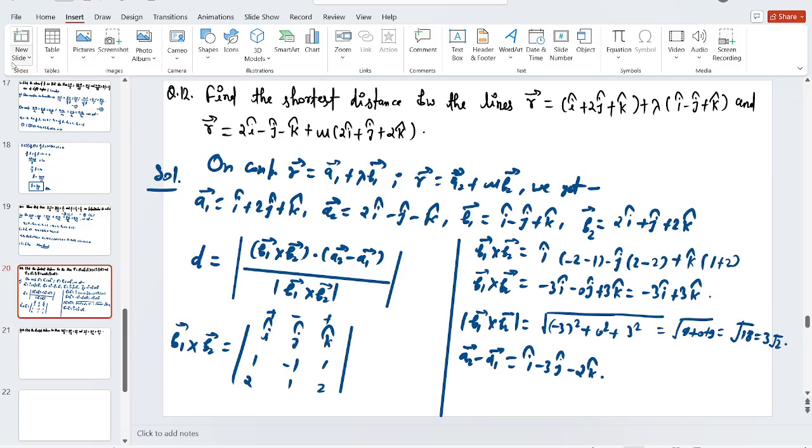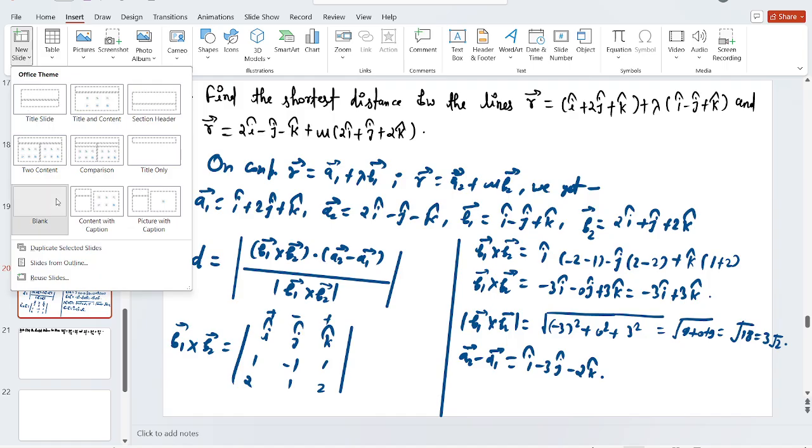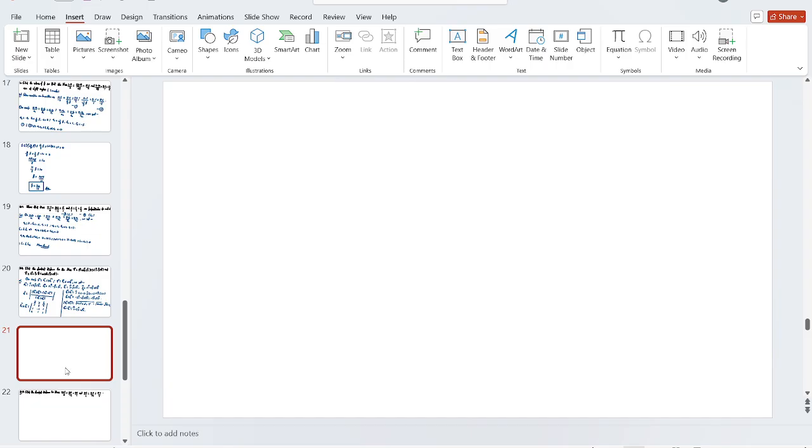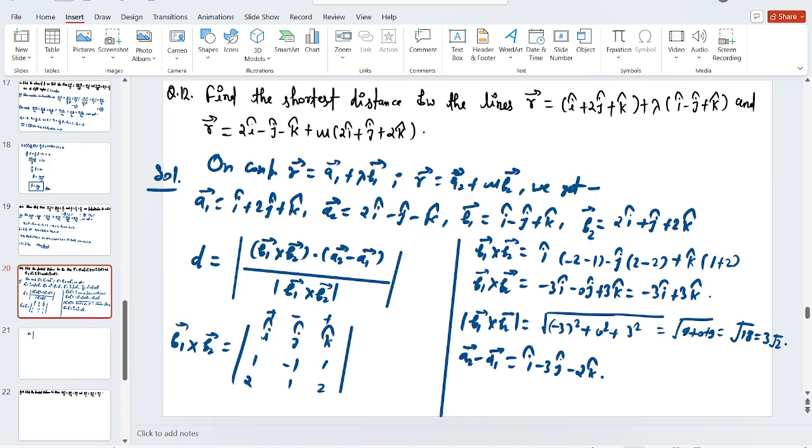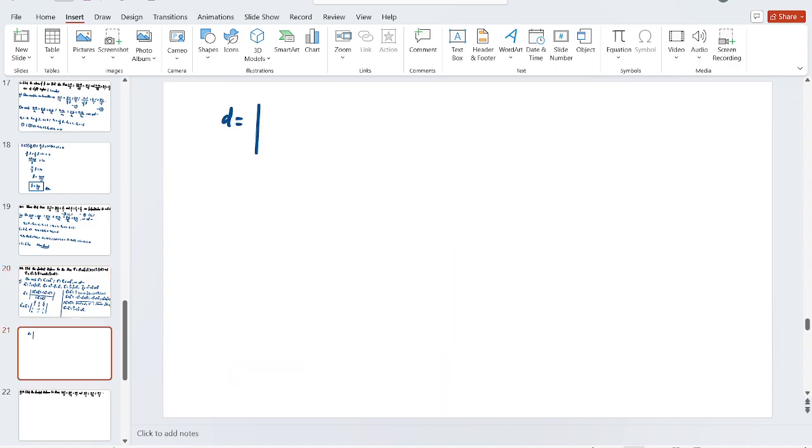We add a slide here. D is equal to the modulus of vector b1 cross vector b2, which is minus 3 i cap plus 0 j cap plus 3 k cap, dot vector a2 minus vector a1.